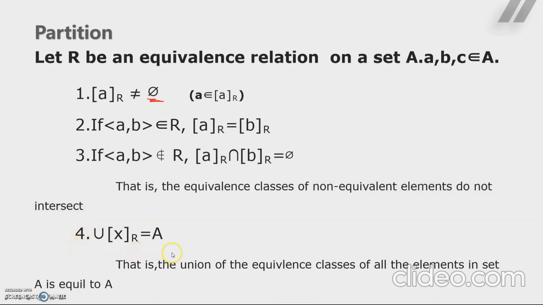The fourth, the union of the equivalence classes of x is equal to A. That is, the union of equivalence classes of all the elements in the set A is equal to A.